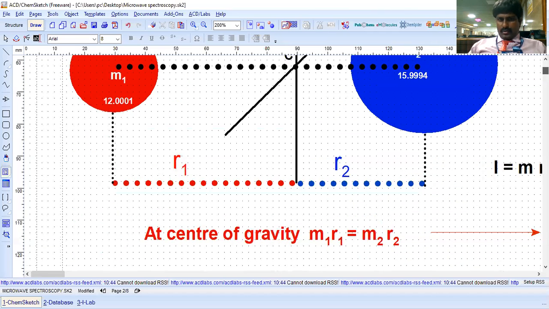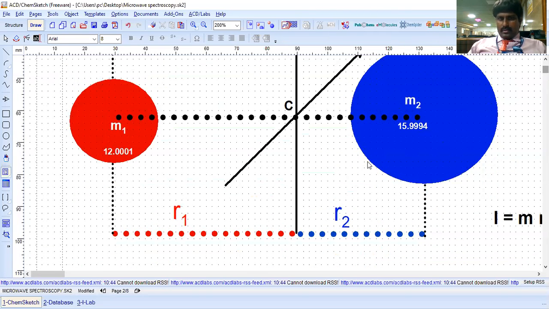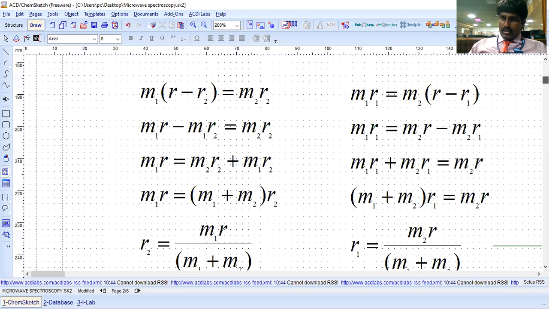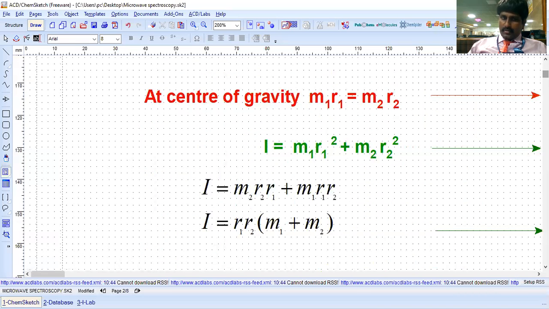R1 is this one, R2 is this one. This is carbon and this is oxygen. This is the expression of J for rotational energy levels.